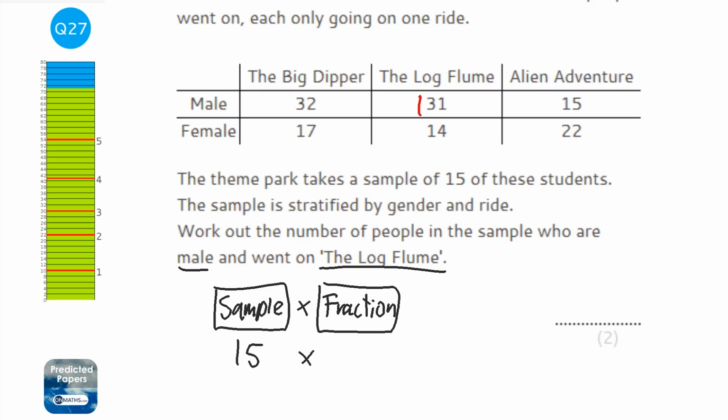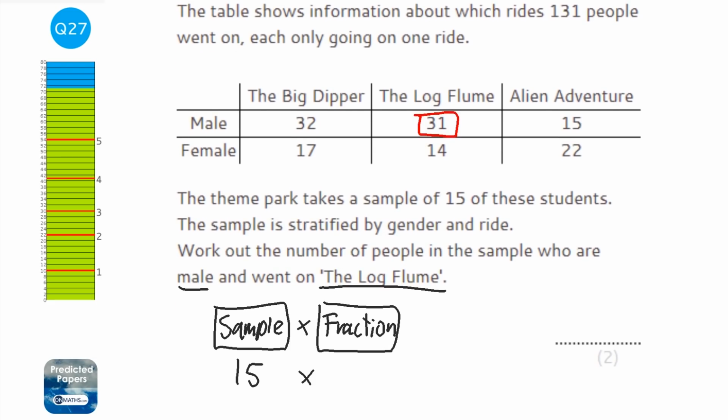So male who went to the log flume is here, and I think it says in the question there's 31 of the people out of 131. So with the calculator, I'm going to do 15 times fraction button 31 over 131. Now that gives me 3.549 and so on. And the important thing to realise is you can't have half a person, so you will need to round that. And I'm going to round that to 4.